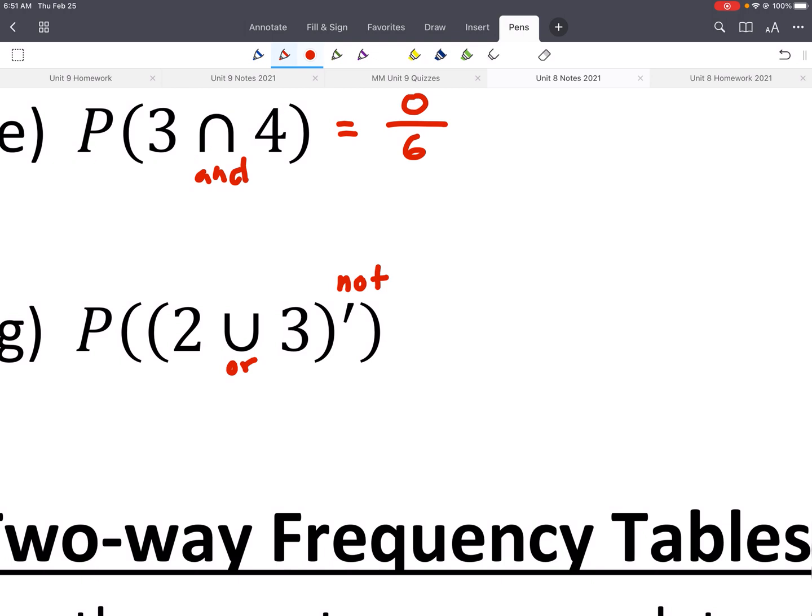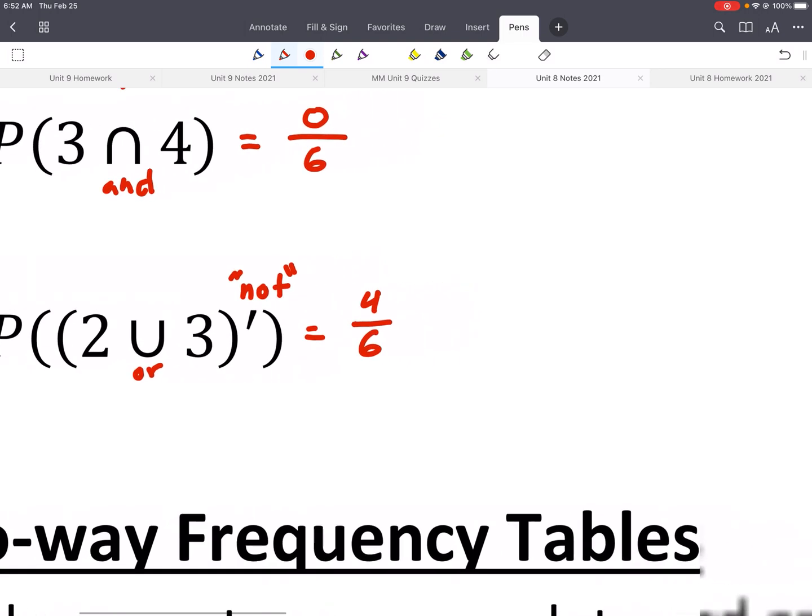So we don't want 2 and 3. So what are our other options? Well, that would be 1, 4, 5, and 6. So there's 4 of those out of 6. Okay. So again, let me just say that again. The complement is like the word not. So we'd say, what's the probability of not rolling a 2 or a 3? So that would be 4 out of 6.